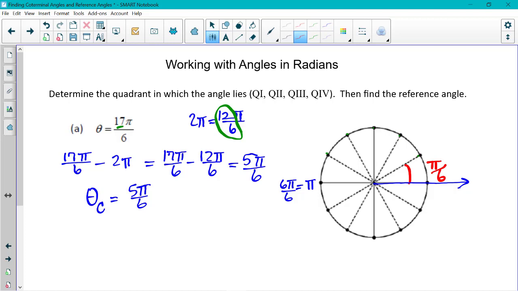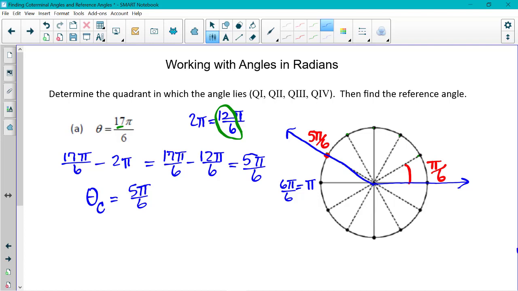Or what's really nice to recognize is the fact that this is 5 pi over 6, the terminal side here going through here. Well, notice how the relationship to pi, which is 6 pi over 6, so it's one sector less than that. Okay, and that's what we find helpful there for graphing.